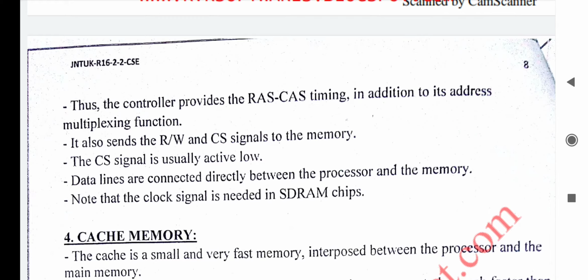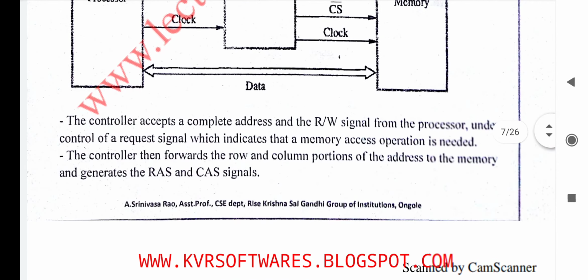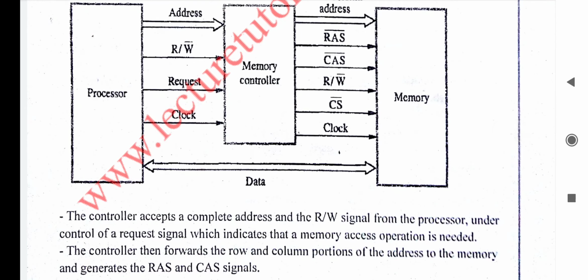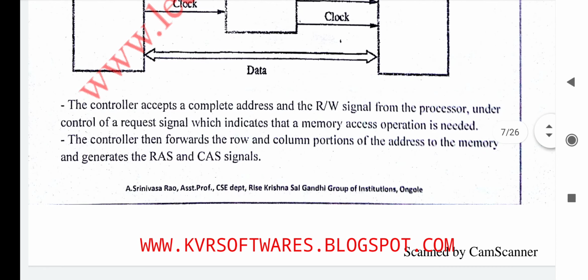It also sends the read or write and CS signals to the memory. The CS signal is usually active low, chip select. Data lines are connected directly between the processor and the memory. Note that the clock signal is needed in SDRAM. Here the clock signal is directly connected to memory.